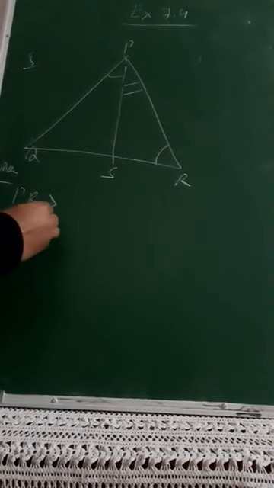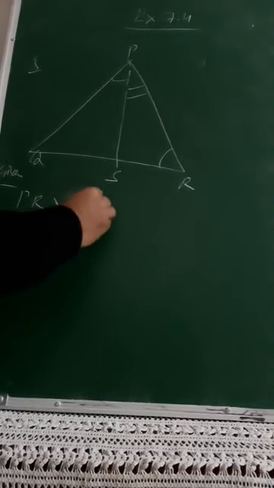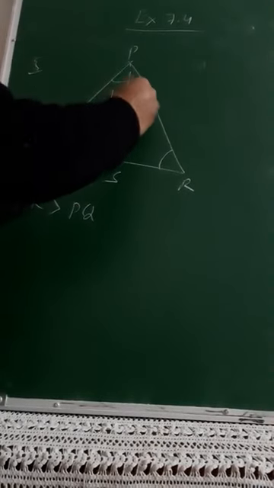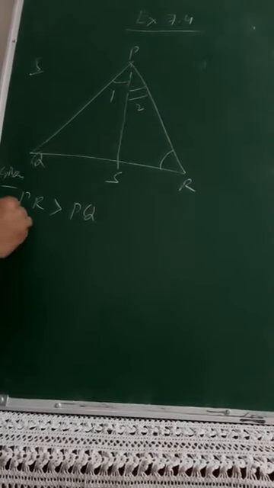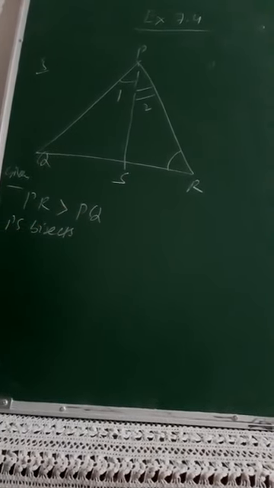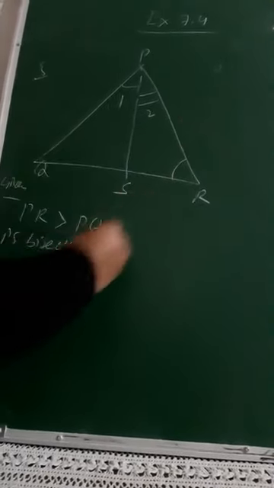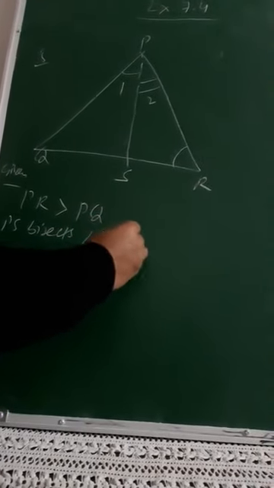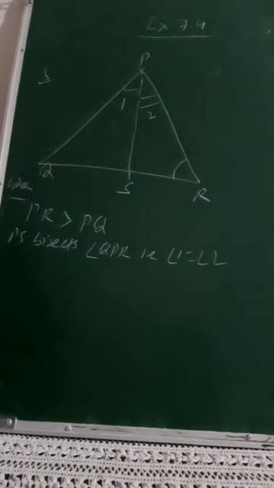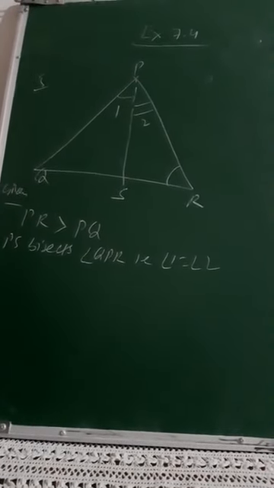PS bisects angle QPR, so marking angle 1 and angle 2, angle 1 is equal to angle 2.